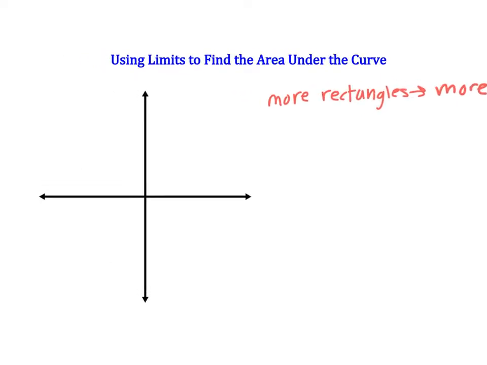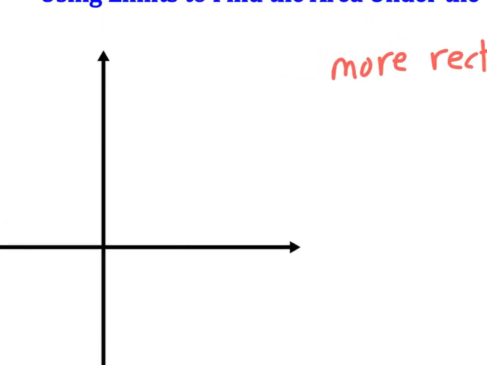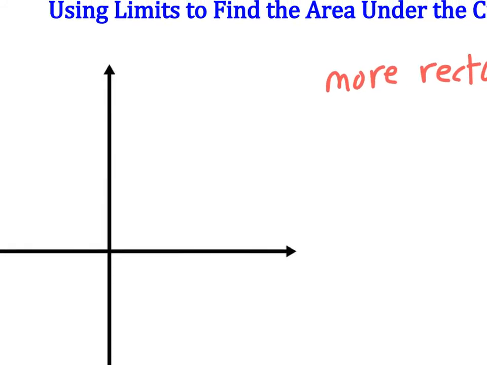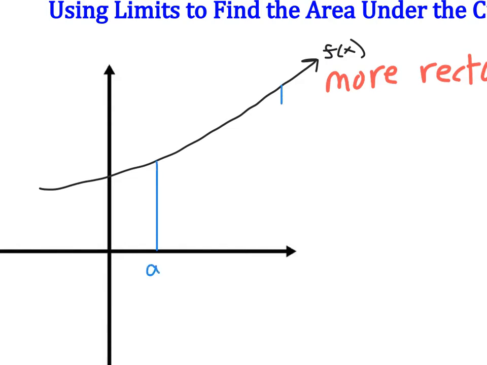Okay, so let's start by, I'm going to zoom way in here. Let's draw a curve. Let's call this curve f of x. And let's say I'd like you to find the area under this curve between the interval a and b.